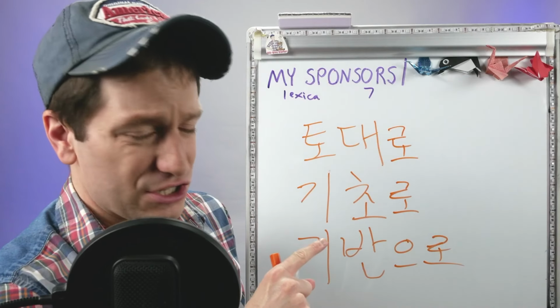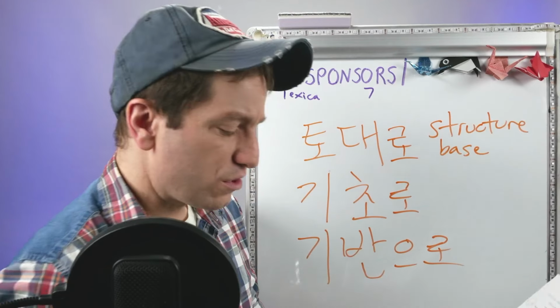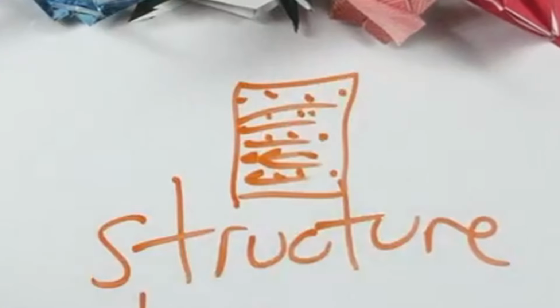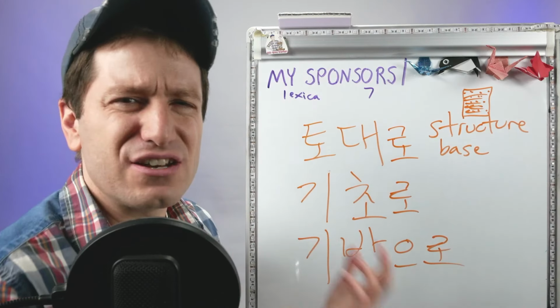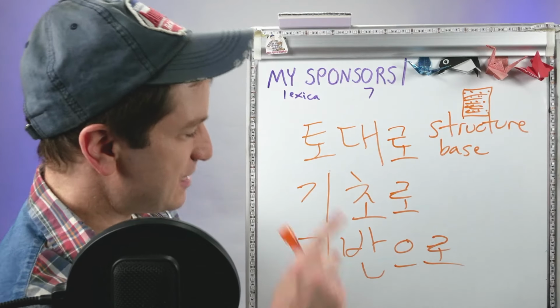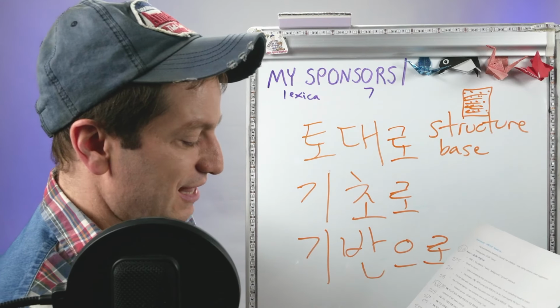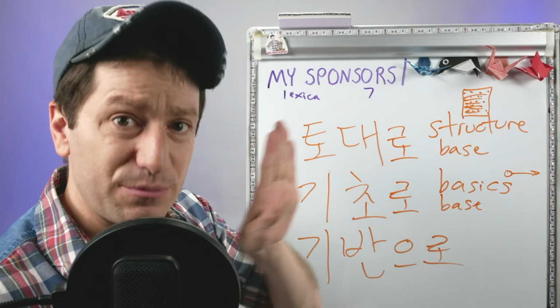The nuance difference, though, is that 토대 means like the structure or the base of something. That's a building. Like an actual building structure or the building's base. So it just gives that nuance of something having the structure of something. 기초 is a regular word you're going to use commonly that means the basics. And the nuance of this word is the starting point.